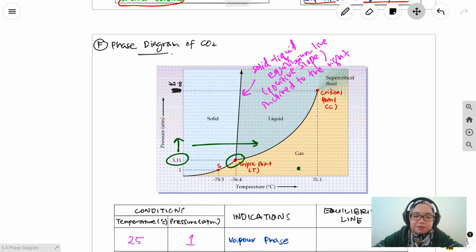Nampak? So, ini kan dia punya melting and boiling point punya line kan. Solid liquid equilibrium line dia di mana solid akan pergi kepada liquid akan pergi kepada gas. So, dekat sini makin tinggi at high pressure, dia punya melting dengan freezing point dia makin increases. That is why.